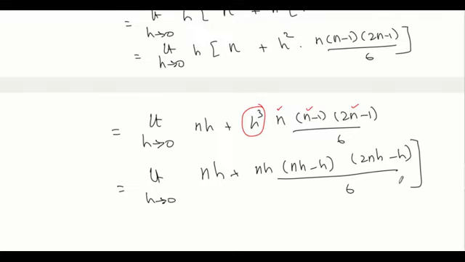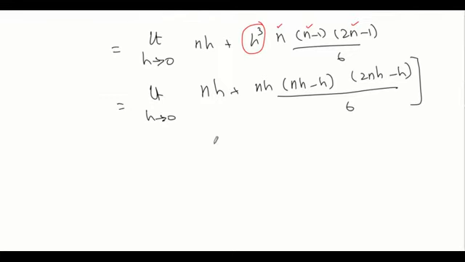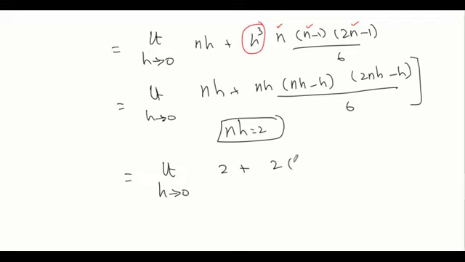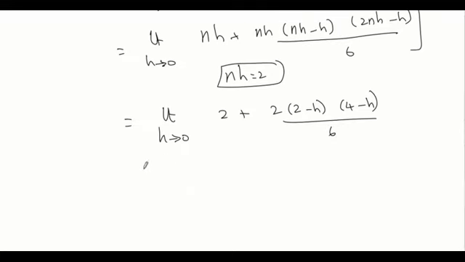Children, we know the value of nh, we got to know in the beginning: 2 minus 0, that is 2. Since nh is equal to 2, that can be substituted over here. Before we apply the limit, it is 2 plus 2 bracket 2 minus h, then 2 2s are 4 minus h, by 6. Okay, children, now we apply the limit h tends to 0.